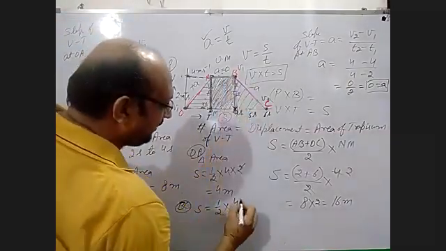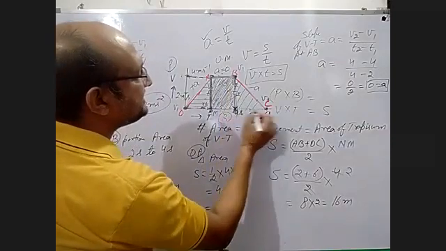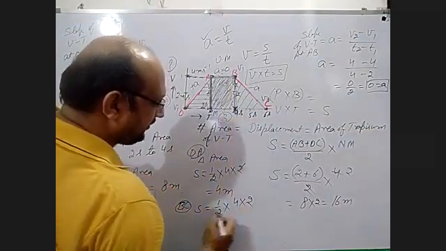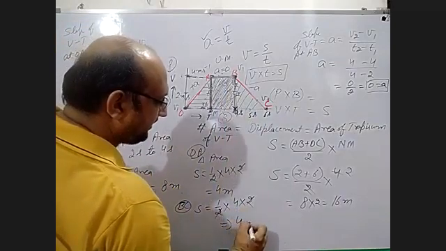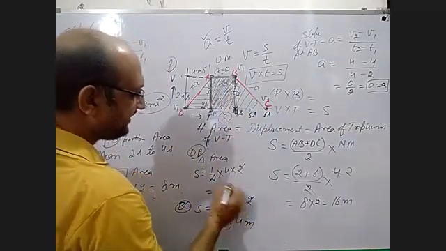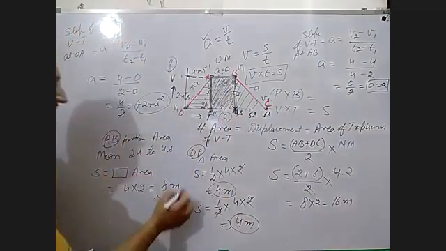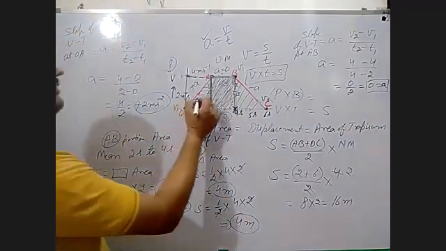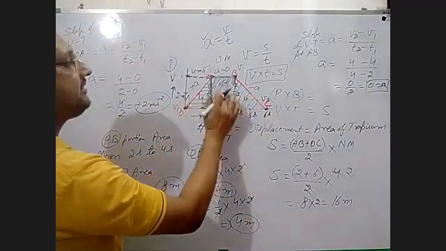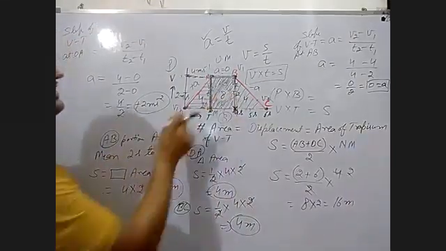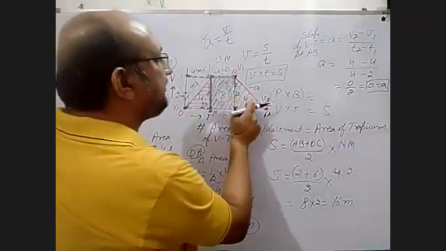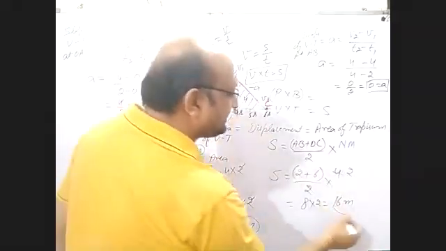The perpendicular is again 4 and the base is 6 seconds minus 4 seconds, again 2. The 2s cancel, so this is 4 meters. This is 4 meters, this is 4 meters, and this is 8 meters. The total displacement covered by the object is 4 plus 8, 12, 12 plus 4, 16.